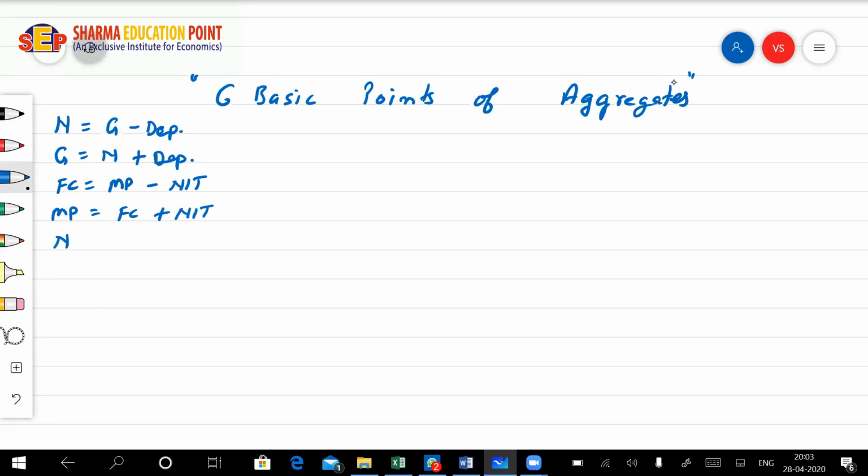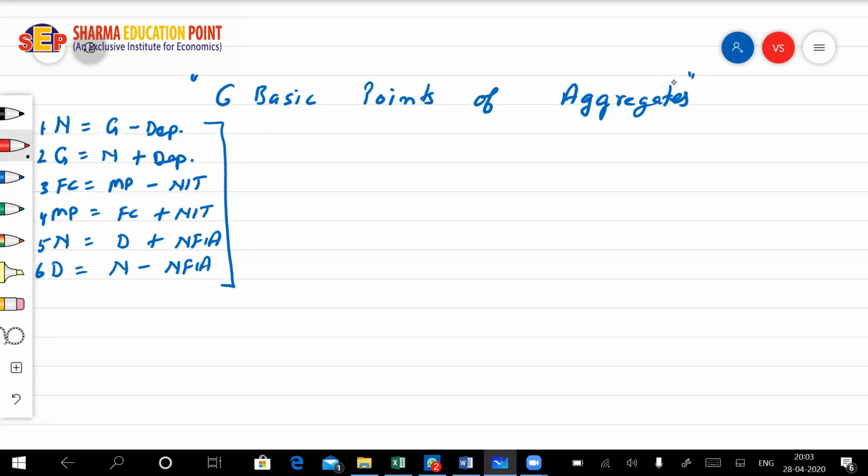To get national, domestic plus net factor income from abroad, and to get domestic, national minus NFIA. These are the six basic points you all must know. Now how to use these six basic points, I'm explaining now.